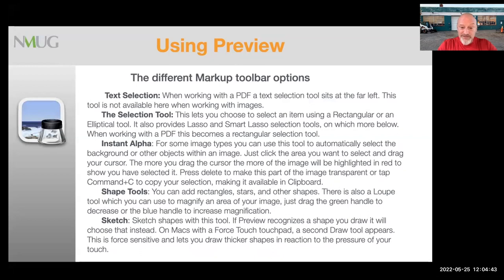So the tools have arrows, which you can resize them easily. The sketch tool, so depending on if you are drawing kind of like freehand, if you have a Mac with a trackpad, either a desktop or a laptop, you can use it kind of like an Apple Pencil on an iPad.